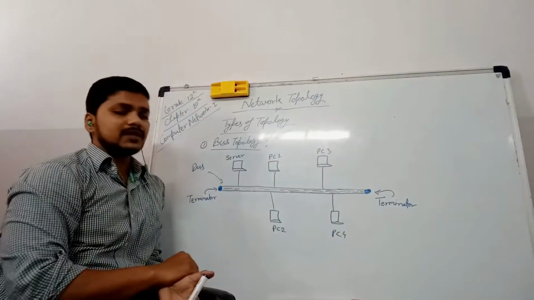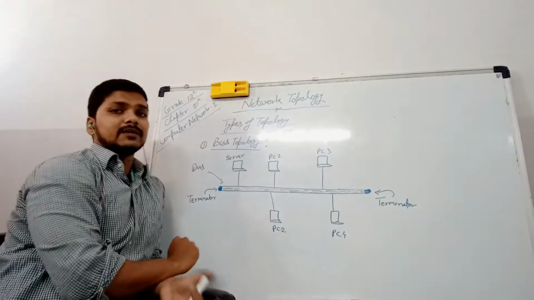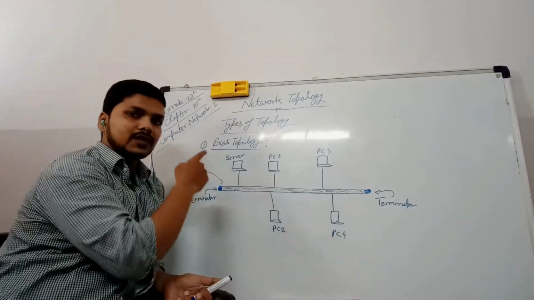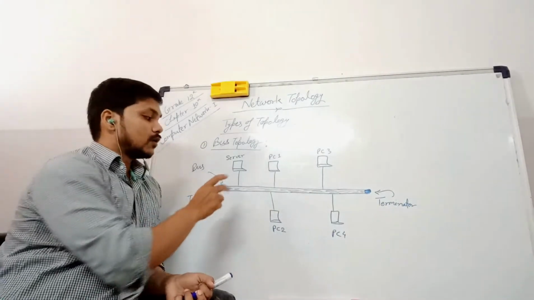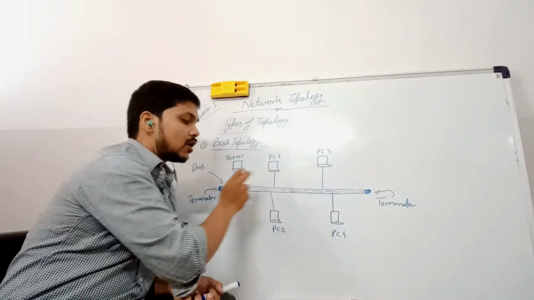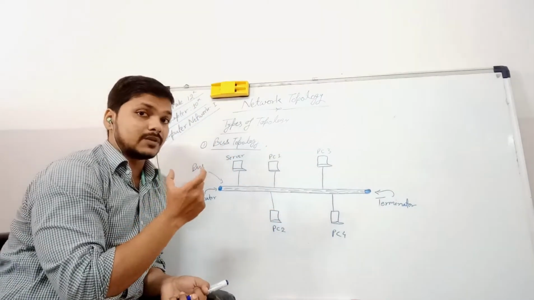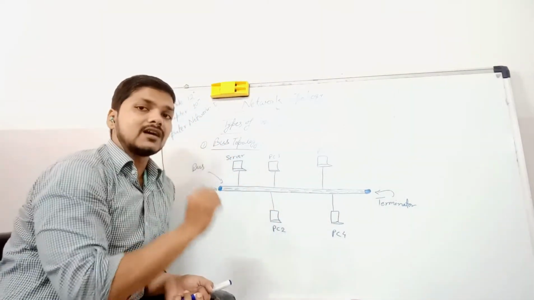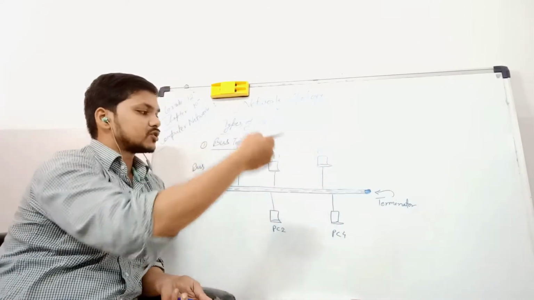Any number of electronic devices or PCs we can connect with this particular cable. This type of arrangement of electronic devices connected with a particular bus or cable, which is generally a coaxial cable, is known as bus topology.